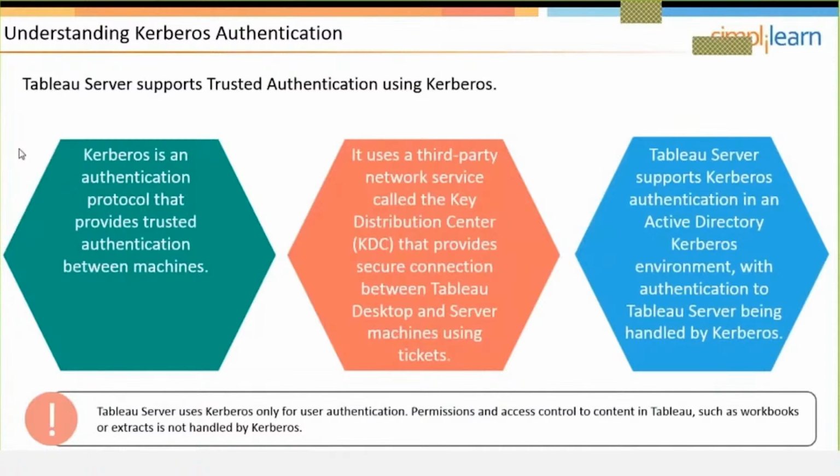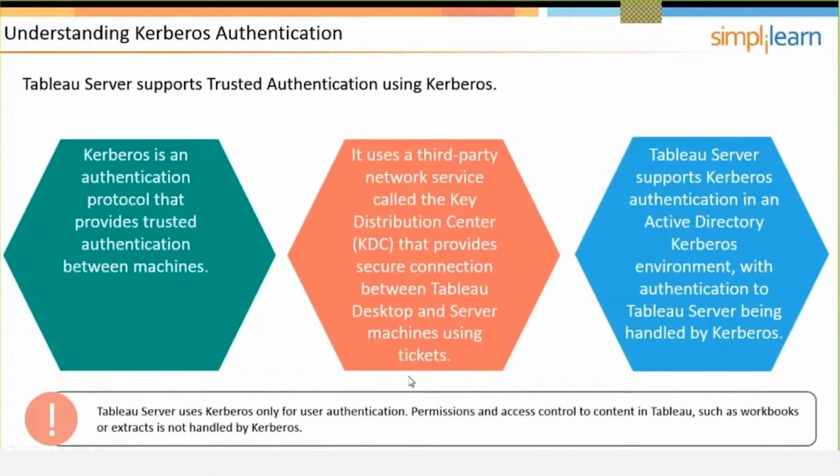It is a protocol that provides trusted authentication between your machines, and it uses a third-party network service called the KDC, the Key Distribution Center, which provides a secure connection between your desktop and the server machines. This is supported based on Kerberos authentication, and that's where it uses only one user authentication, the permissions and the access control.